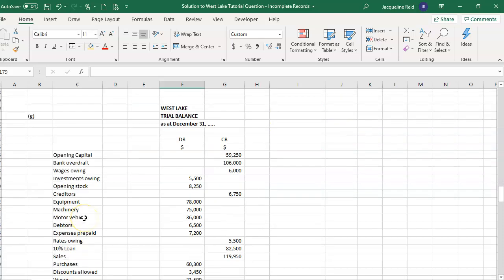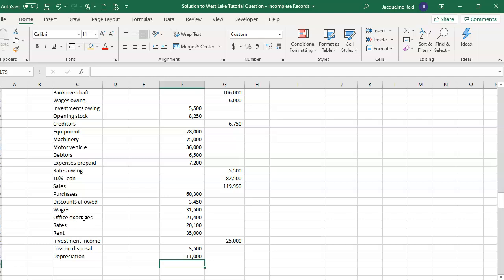So let me see if there is anything else that I have missed out. Oh yes, the loan interest. There was an 8,250, I think it was. 8,250 of loan interest that was paid from the cash book.